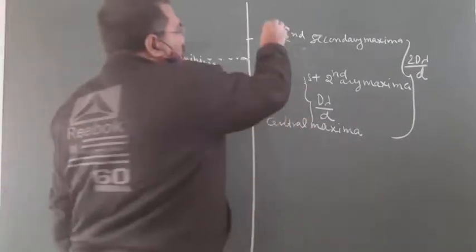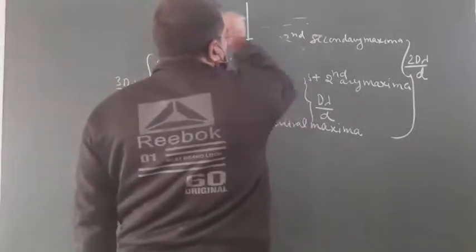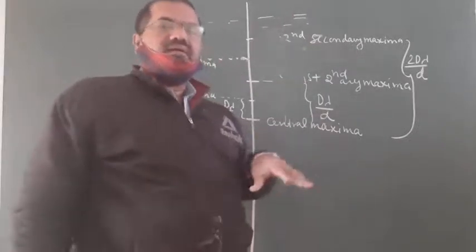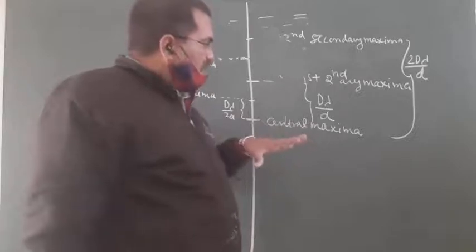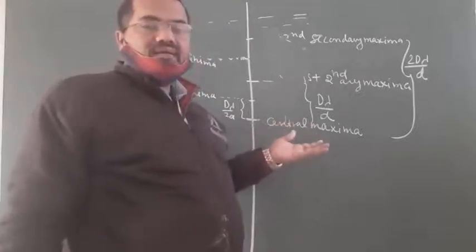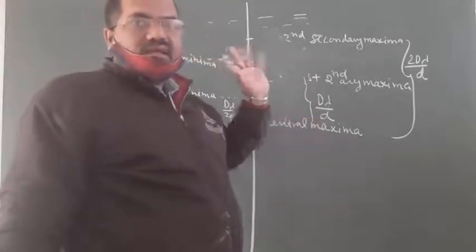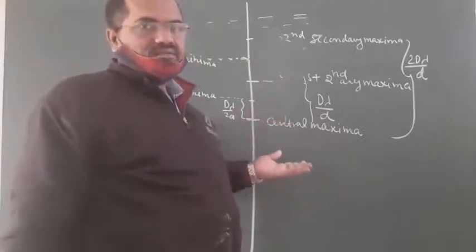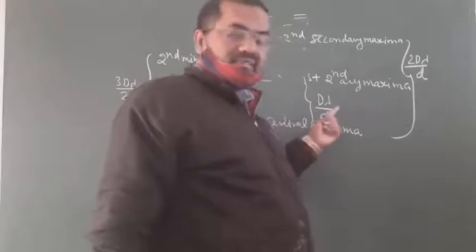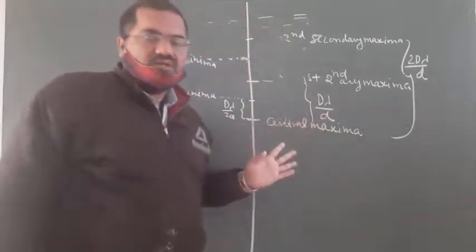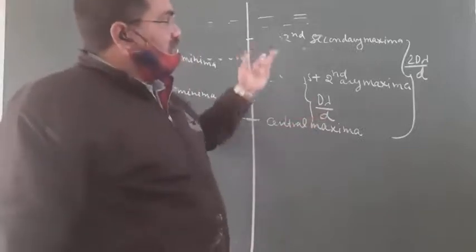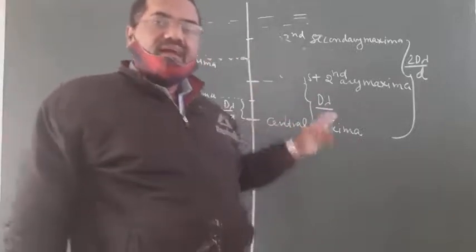And this pattern will be obtained after central maxima. At every distance d lambda by d there is a maxima, and minima too. First maxima is obtained at d lambda by d, second maxima at 2d lambda by d, and so on.